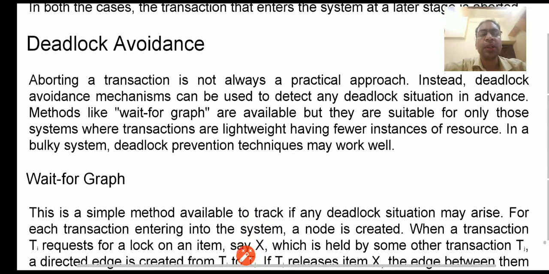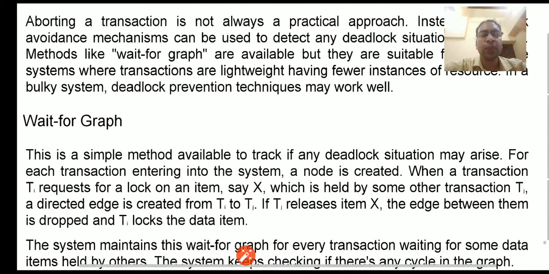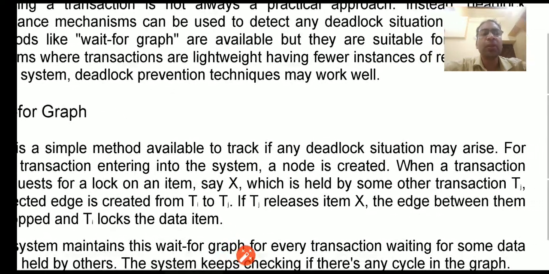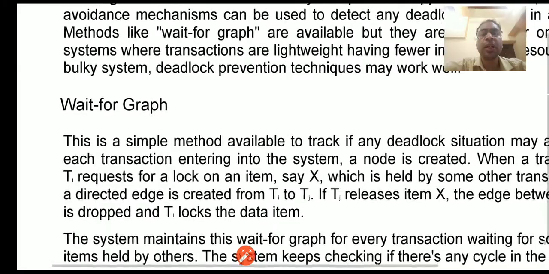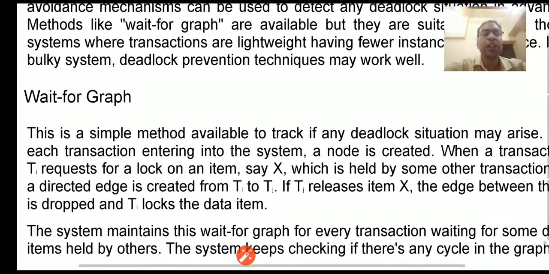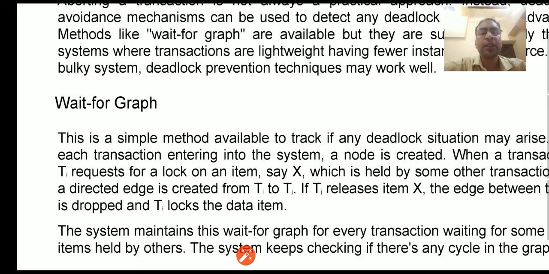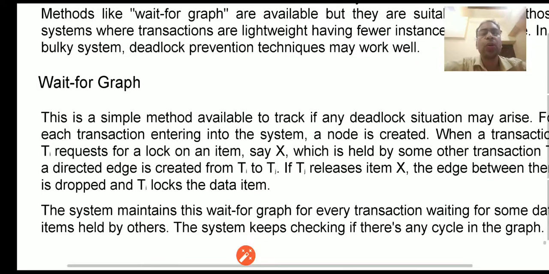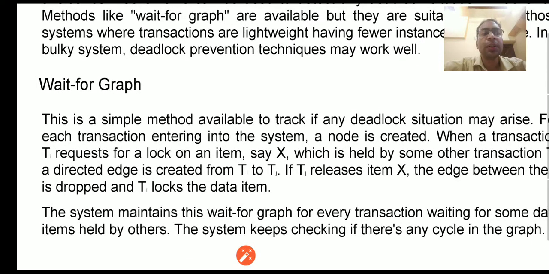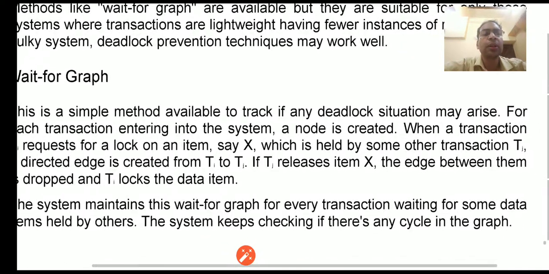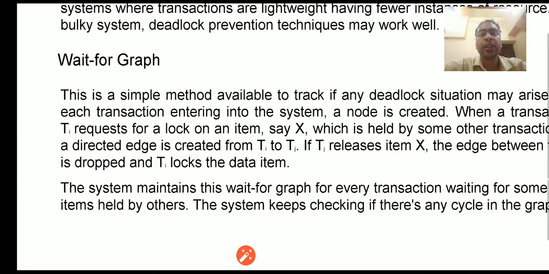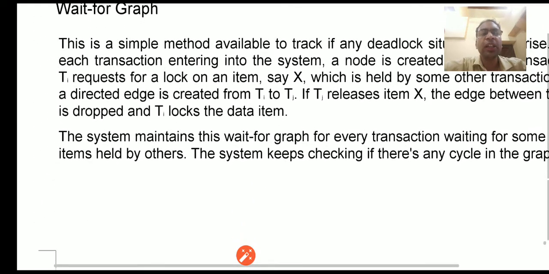It is a simple method to track if any deadlock situation may occur in the future, and it displays the requests of transactions for locks, which transactions are already holding locks, and whenever there is a release of any item, it displays that release also. So accordingly we can create a wait for graph.